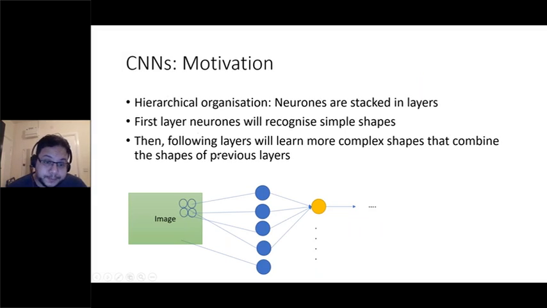How does it work? Here is the image, and this cell is focusing on this tiny bit. Same here, same here, and same here. I'm drawing this organization as one-dimensional, but the cells will be organized in two dimensions, same as in here.